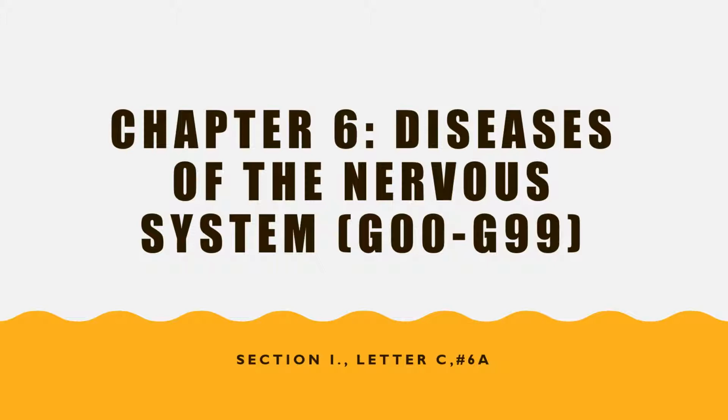In this segment, we'll be focusing on Chapter 6, Diseases of the Nervous System, which can be located in Section I, Letter C, Number 6A.